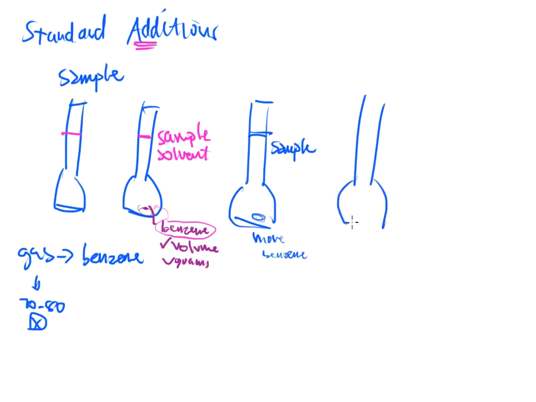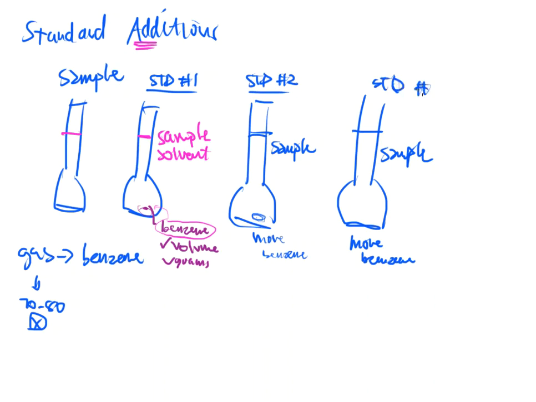And then I could do a third one. I'll add more and more benzene, even more than before, and I'll dilute it to the line with the sample. So this is regarded as my standard number 1, this is standard number 2, and this is standard number 3. The sample on its own is referred to as the blank, the 0 one.